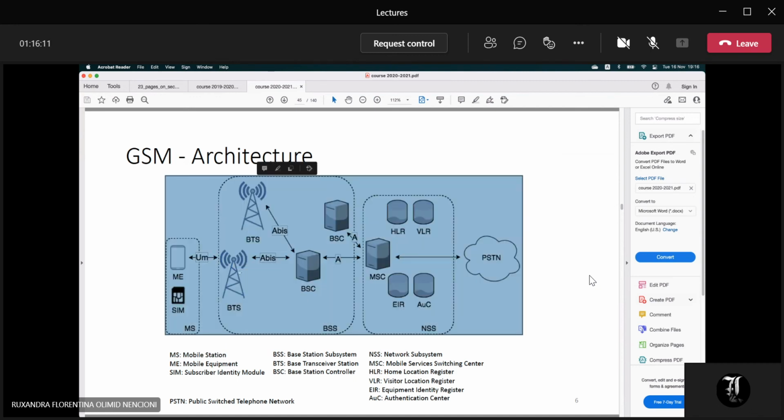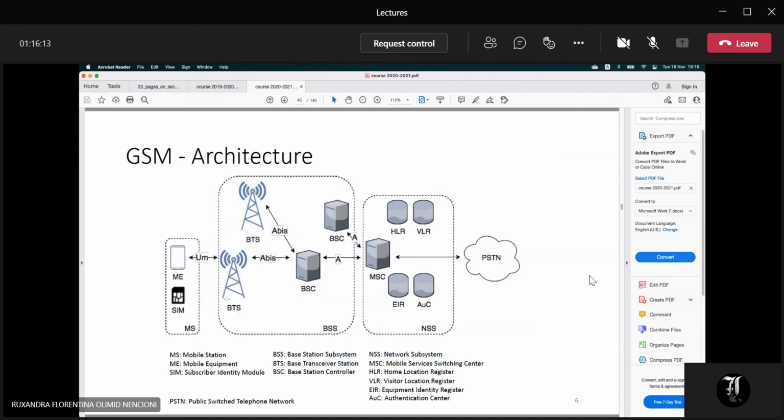Then we have these antennas that here are called BTS, base transmission station. They are not smart enough to talk directly. As we will see, it's possible in 4G, but here they need a controller, a base station controller, to communicate with them and tell them what to do.